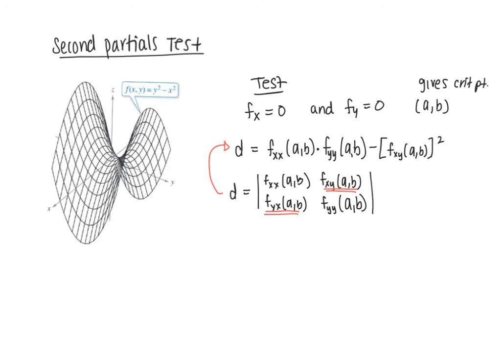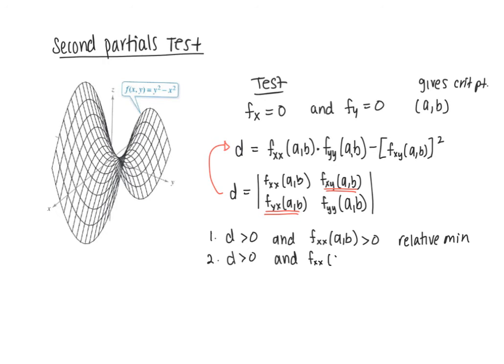So the first rule, if D is greater than 0 and the second partial of x at that point (a, b) is greater than 0, then you have a relative min. If D is greater than 0 and the second partial of x is less than 0, then you're going to have a relative maximum.